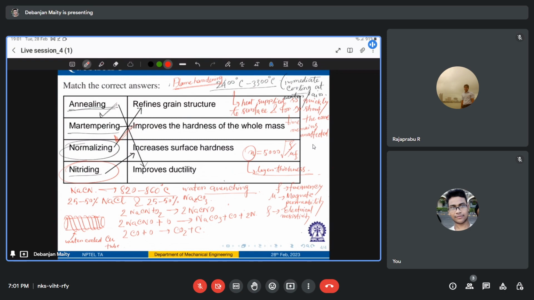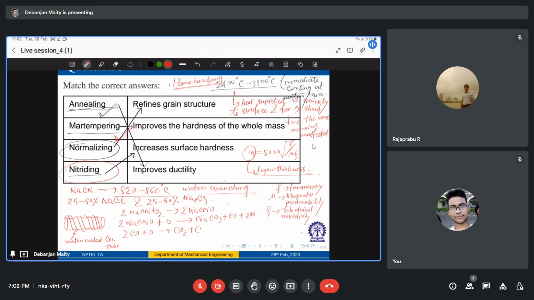This high frequency current is supplied by a motor generator or a vacuum tube generator, and when it is required to increase the strength of the core, the work should be normalized before induction hardening, right? So this hardening process is all about hardening of the surfaces, and the time is so small that it does not get much time to diffuse into the core to heat treat it. Correct.